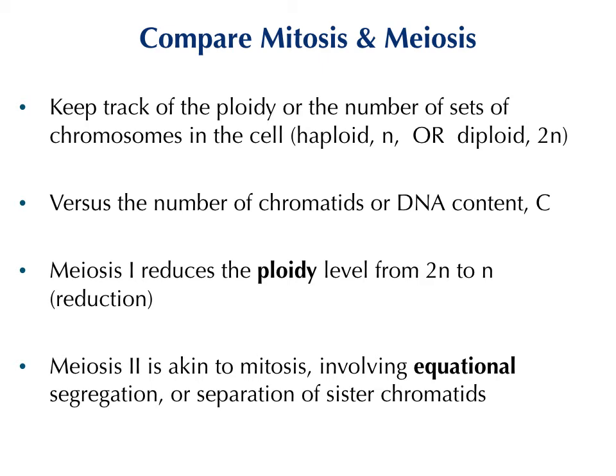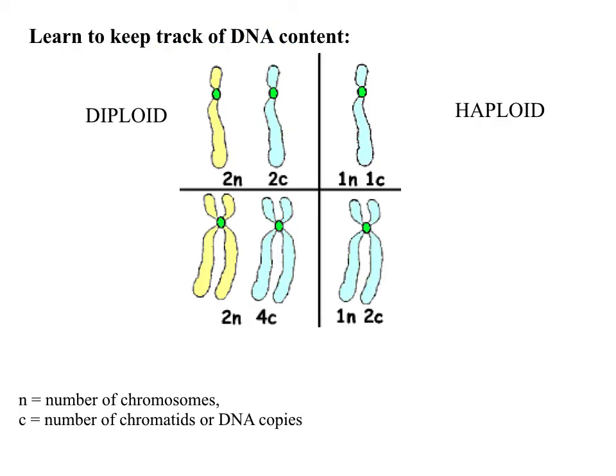Versus the number of chromatids, or the DNA content, which is C, okay? Meiosis 1 reduces the ploidy level from 2N to N, or from diploid to haploid. It is the reductional division. Meiosis 2 is akin to mitosis, and this involves an equational segregation or separation of sister chromatids.